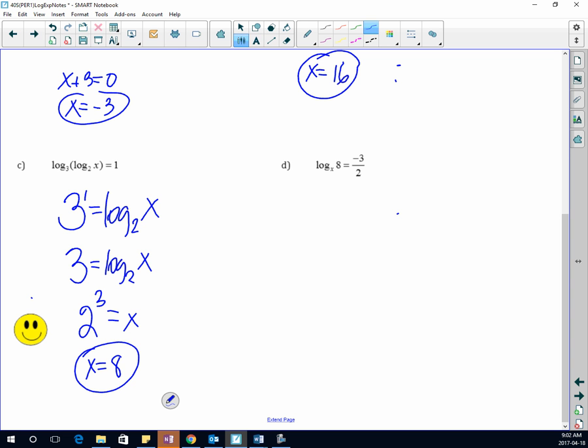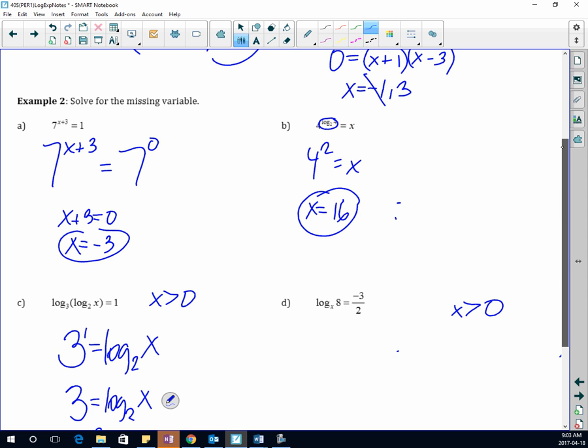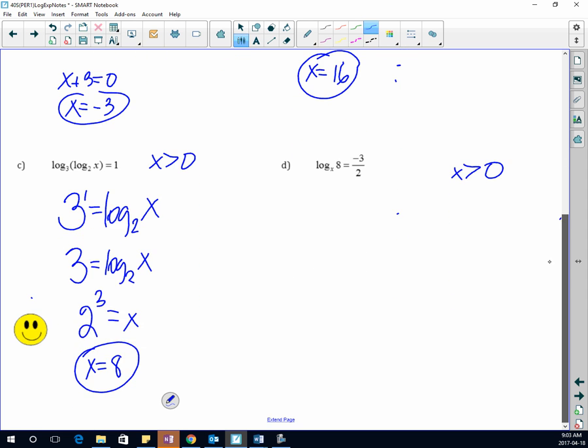Okay, next one. What's the restriction on the x? It has to be greater than 0. Yes, we probably should have said that. x has to be greater than 0. They're all x has to be greater than 0. Not any of A and B's.